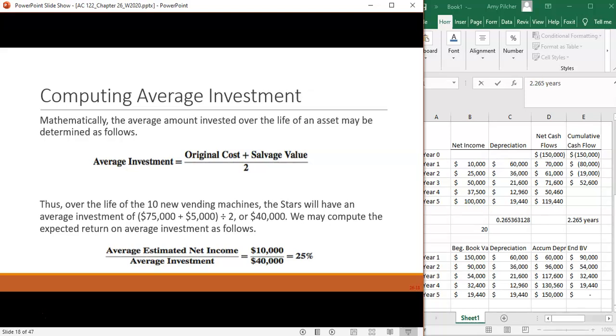If we divide that by 2, we end up with $40,000. And we had already our average estimated net income was $10,000. So if we take $10,000 and divide that by our average investment of $40,000, we get an ROI on this project of 25%.